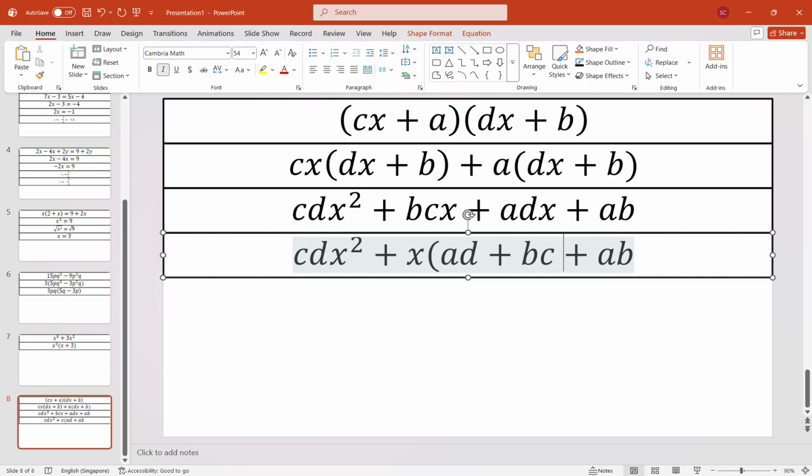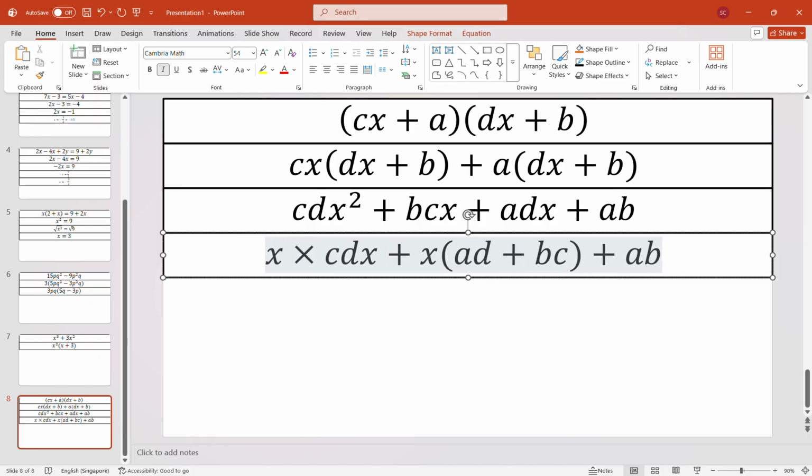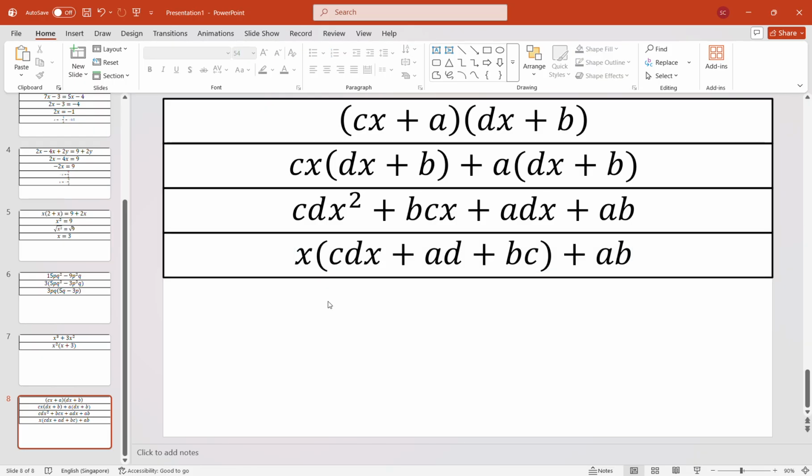It's adx plus bcx, and yeah, that's pretty much it. I think I'm going to lose my mind.